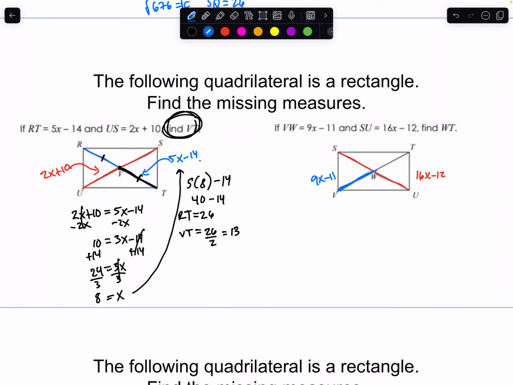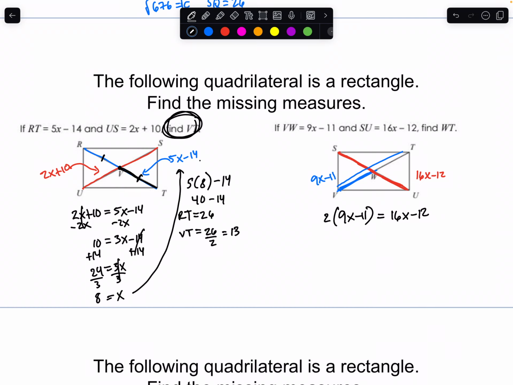This length is only half, while the other length is the total. So when we set up an equation to relate them, we need to know that 9x, the entire length, from V all the way to T, will equal 16x minus 12. Therefore, I need to take the 9x minus 11, and I need to double that length, multiply it by 2. And that will equal the full length of the other side, the other diagonal.